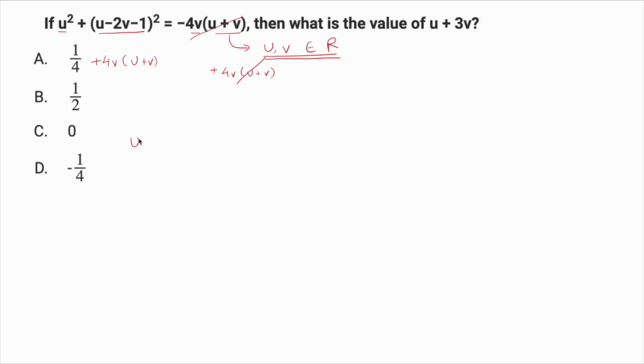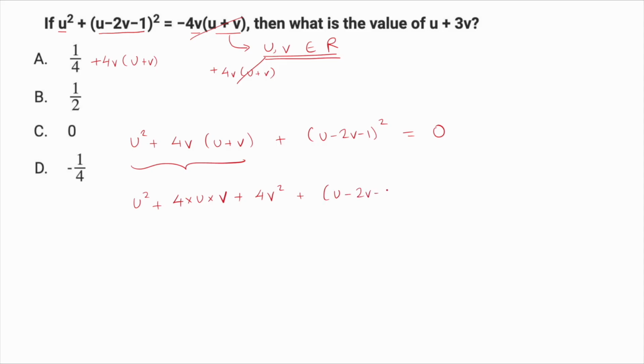If you add the same thing, the right hand side becomes completely 0. Your left hand side will now become u square plus 4v into u plus v plus the remaining term u minus 2v minus 1 the whole square. This entire term is simply 0. Now, when I open this bracket, it becomes u square plus 4 into u into v plus 4v square plus the second term as it is, u minus 2v minus 1 the whole square, is 0.